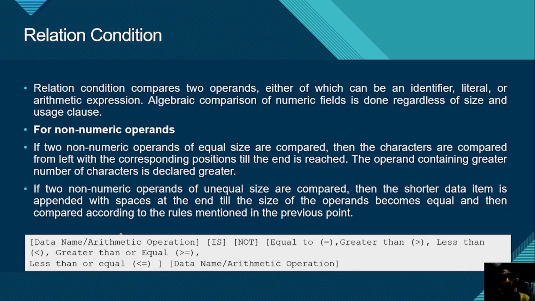If two non-numeric operands of unequal size are compared, then the shorter data item is appended with spaces at the end till the size of the operands becomes equal, and then compared according to the rules mentioned in the previous point. Since we're not discussing strings, since we will be out of time, we'll just focus on the numeric operands.